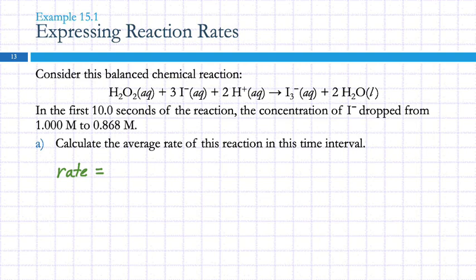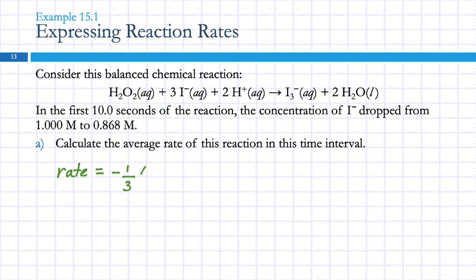Reactant, thank you. It's a reactant. It's on the left side of the arrow, right? So this is a reactant, and so to write the rate equation for reactants, we need a negative sign. And then we're going to have 1 over the coefficient. What's the coefficient for I minus? It's a 3. So 1 over 3.